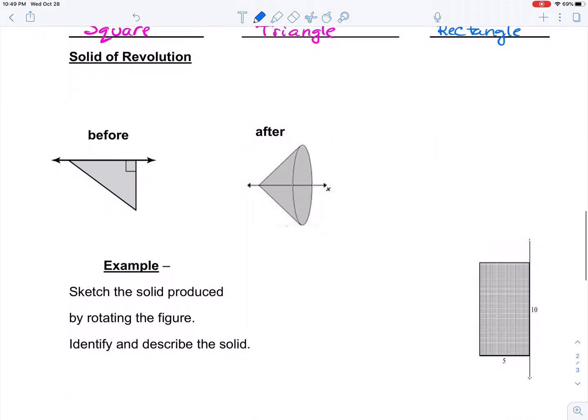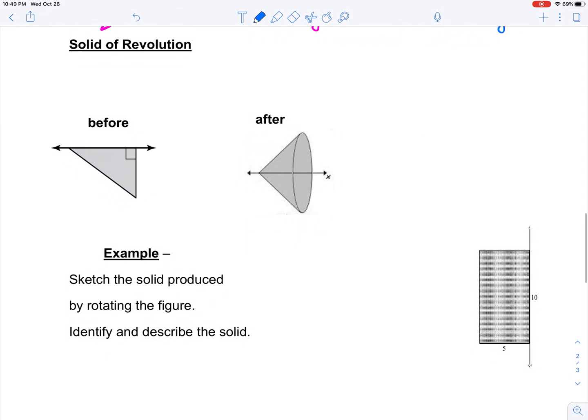Solid of revolution. Okay, what does this all mean? If you look at the before and after picture, if you had a triangle on a stick and spun it really fast, it would go in a circular rotation, revolution, and it would appear to be a cone.